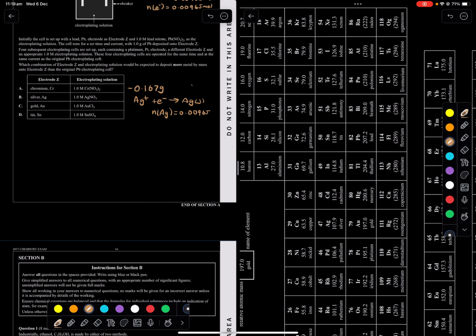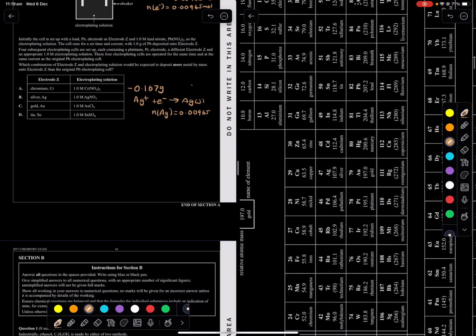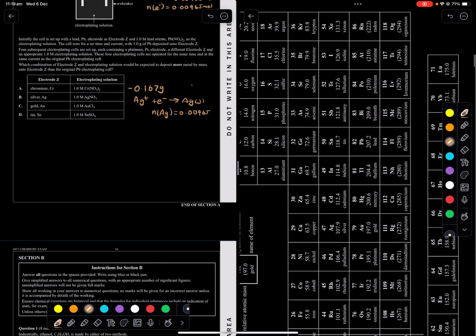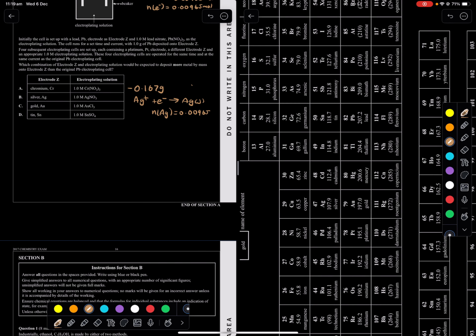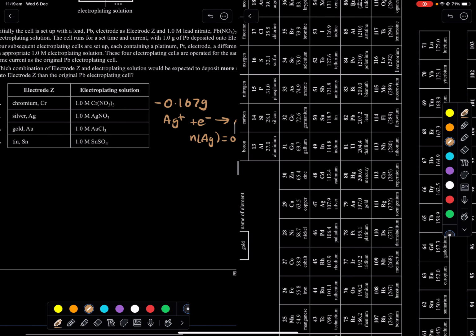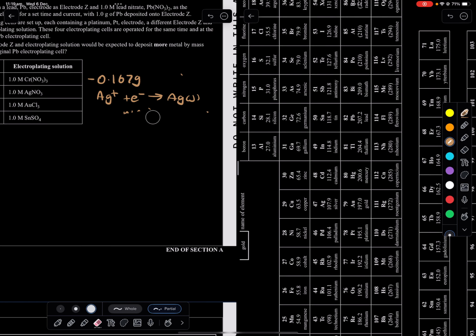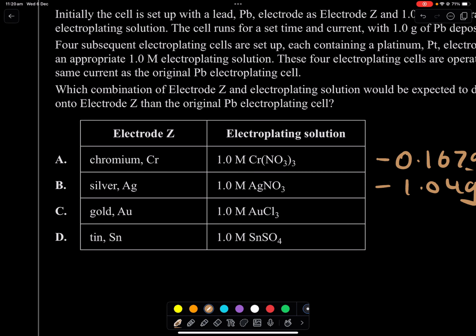Ag is 107.9. That gives me 1.04 grams. That's good. So let's write that down: 1.04 grams. Same thing, let's do the same for the other one.